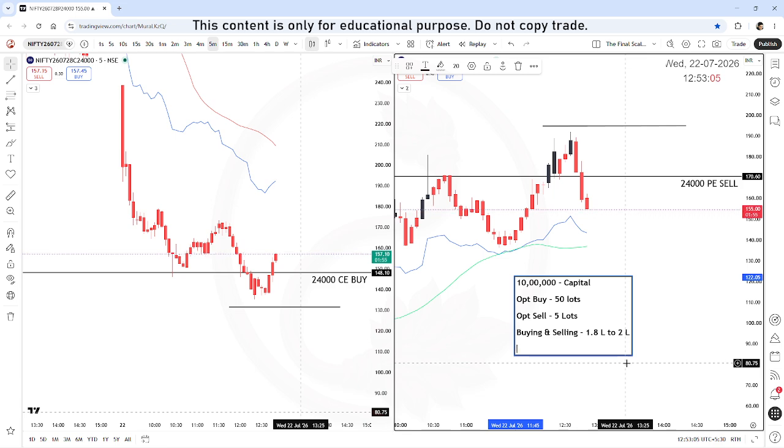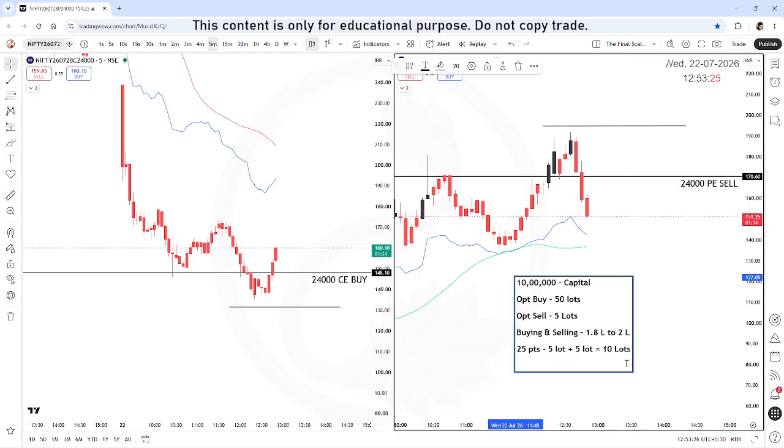So net we have captured around 25 points in this particular trade. With 10 lakh capital, we could have sold 5 lots and also bought 5 lots. Okay, so that makes it 10 lots in total. Okay, 10 lots is basically 650 contracts. We have made 25 points.